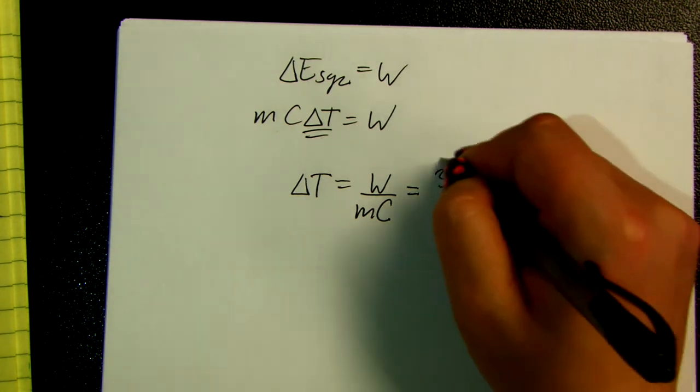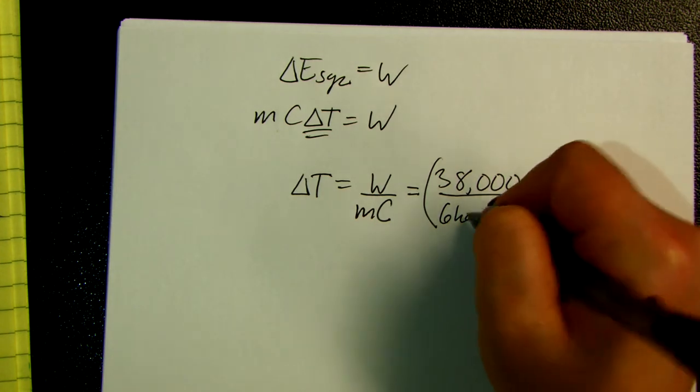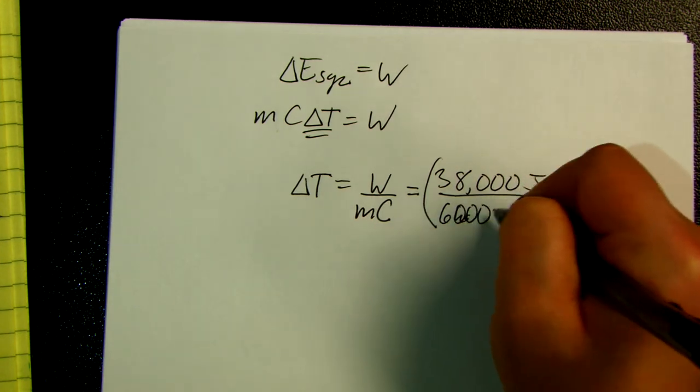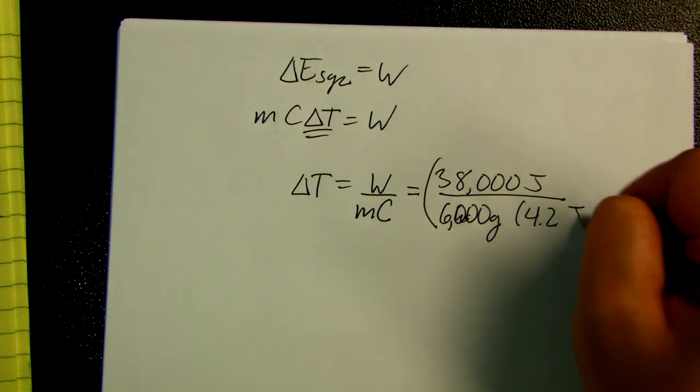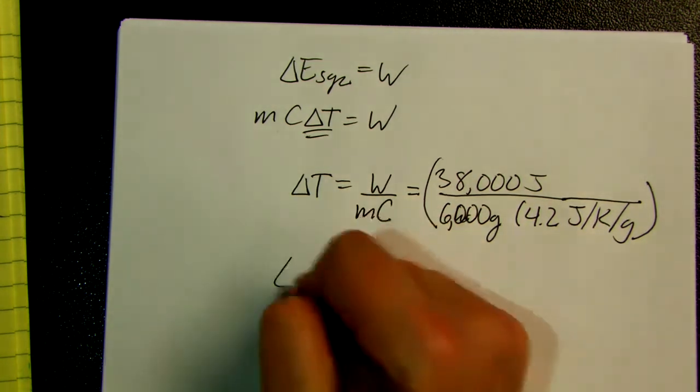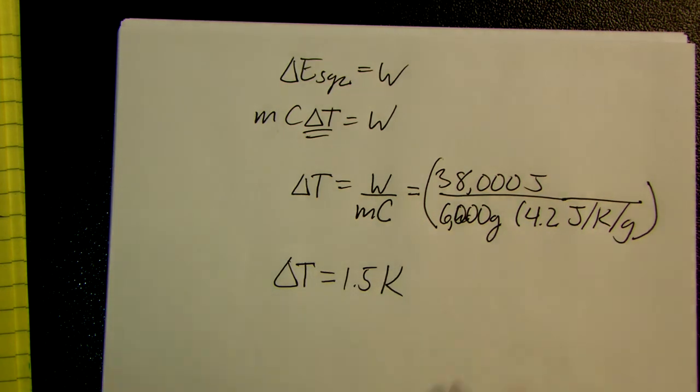38,000 joules given in the problem, 6 kilograms, or actually 6,000 grams, we need to convert it, times 4.2 joules per Kelvin per gram. And so we get that the change in temperature is 1.5 degrees Kelvin.